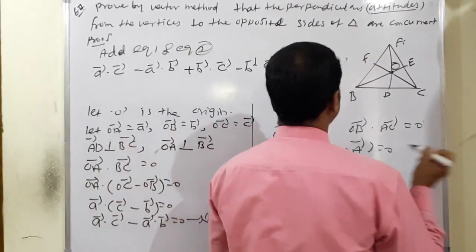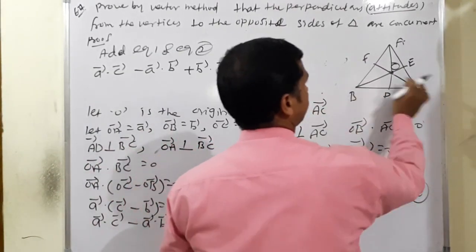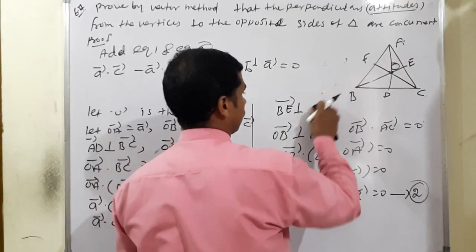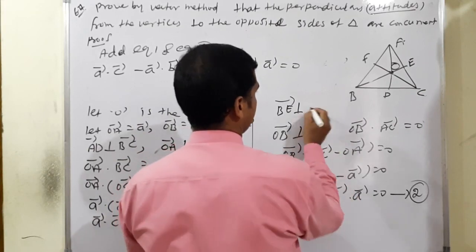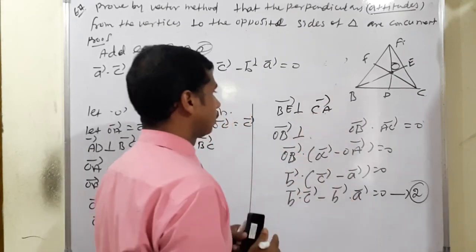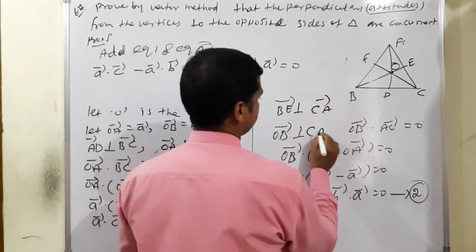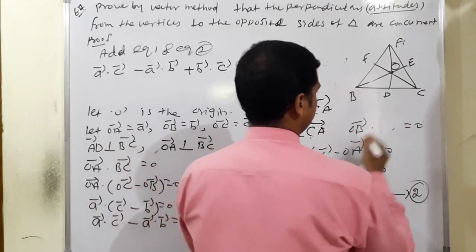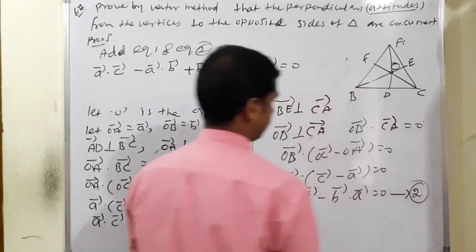Sorry, this is BE perpendicular to CA. CA means, definitely, this is also CA vector.